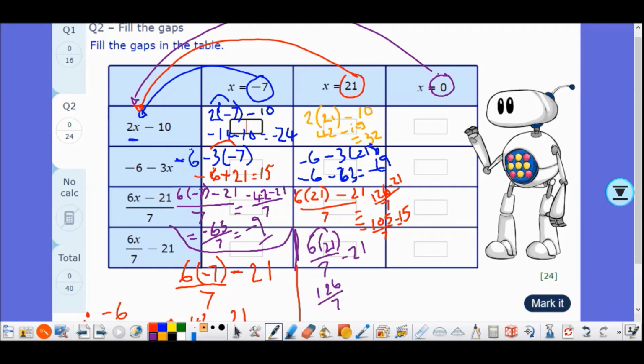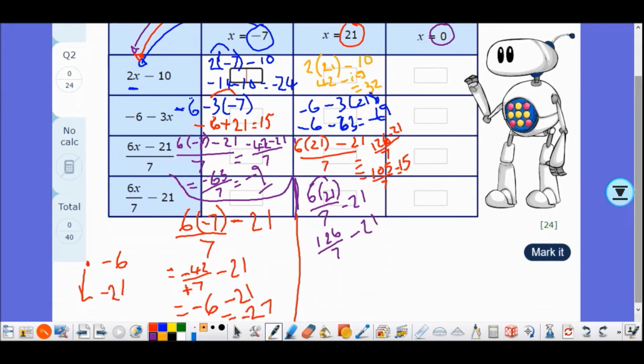If I divide that by 7, before I take 21 away from it, if I do the workings over here, 1, 2, 6, 7 goes into 1 0 times, carry it backwards, 7 into 12 goes once, remainder 5, 7 into 56 goes 8 times, so that's 18 minus 21. And if I've got 18 degrees and I get 21 degrees colder, I would end up at negative 3.